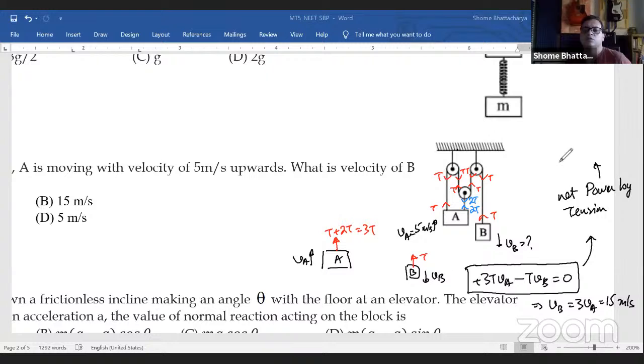Net power, we can also think of it as net work done, has to be 0 in the system. So in a very small time, this will have a displacement proportional to VA upwards. So the work done will be proportional to 3T into VA. Whereas this will have a displacement downwards, whereas tension is acting upwards. So this will have a work done proportional to minus T into VB. Now this total has to be 0.